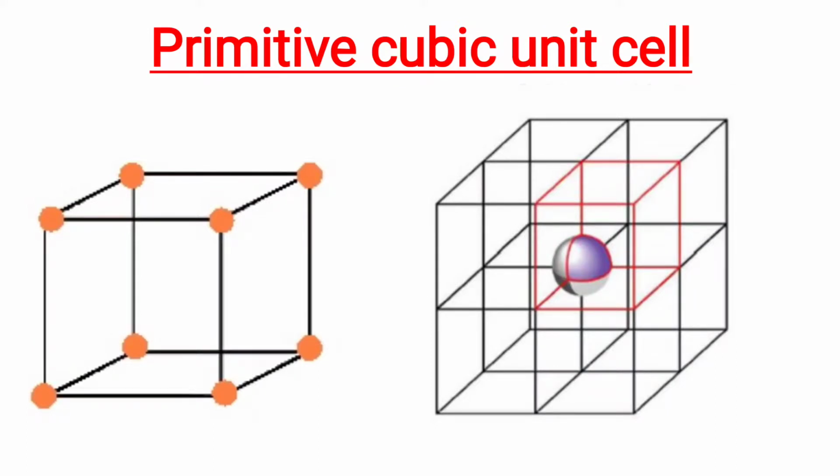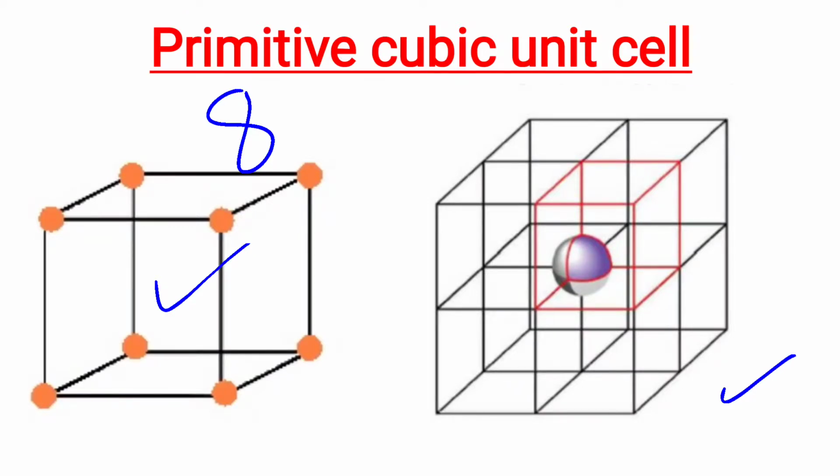But these 8 atoms do not belong entirely to the unit cell. So we cannot say that there are a total of 8 atoms in this unit cell, because they do not all belong to that one unit cell. To understand this in a better way, we can consider this diagram, where you can see a corner atom that has been represented beautifully.